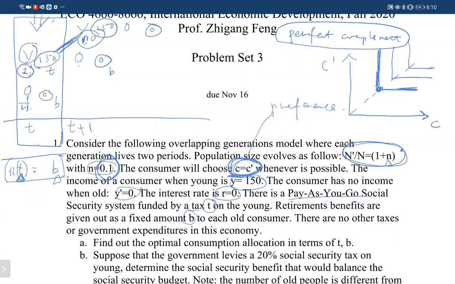I believe you have learned that in intermediate microeconomics. So this is the preference. Any question? So far I just laid down the basics of the model to help you understand how this model is set up, or how we understand the economy. Is there any question regarding the setup of the model?